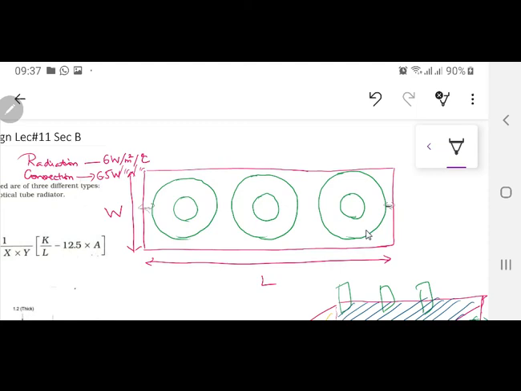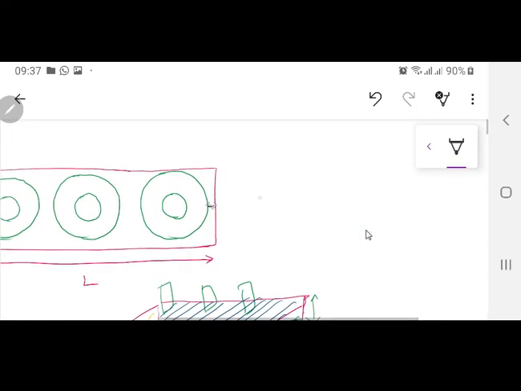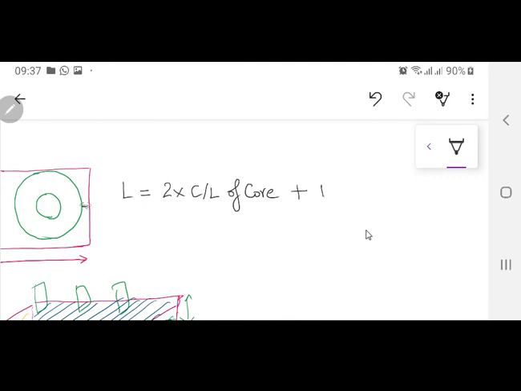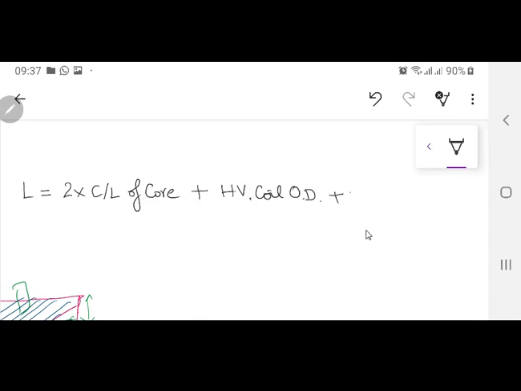I am just going to write down the formula over here. So the length of your transformer is equal to 2 into, according to this book, I am going to use the same definition, the clearance of the core, plus the high voltage coil outer diameter, plus 2 into 25 mm.